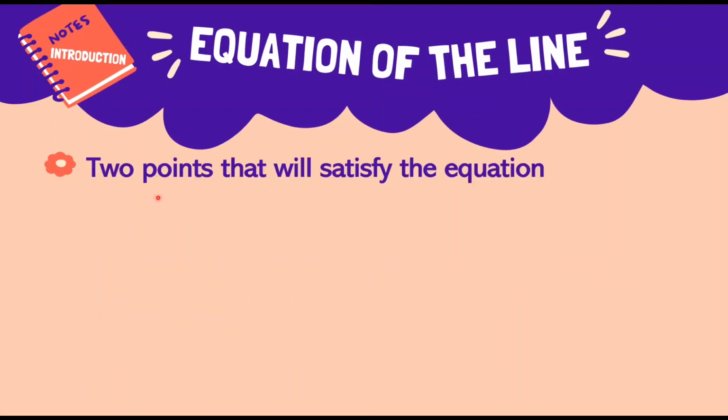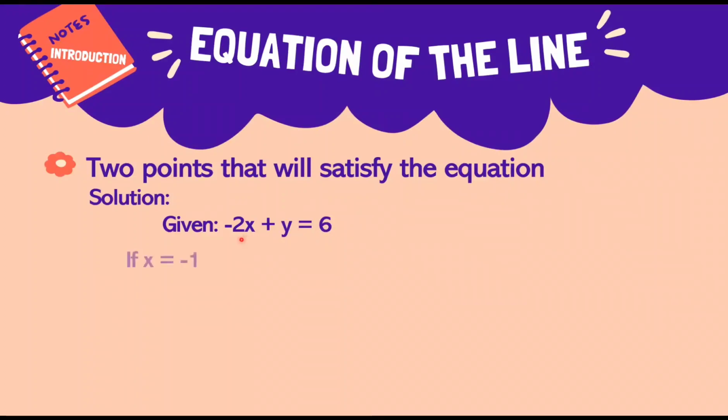Let us first find out 2 points that will satisfy the equation. So on your learning module, page 27, it is already written that our given is negative 2x plus y is equal to 6. And also, we already have the values of x and y. So in order to find out the 2 points that will satisfy the equation, we need to substitute the given values.